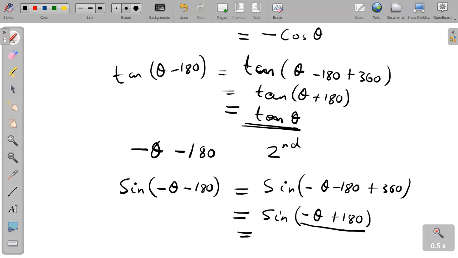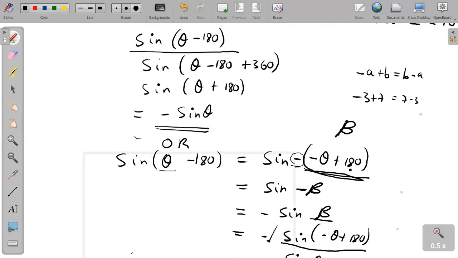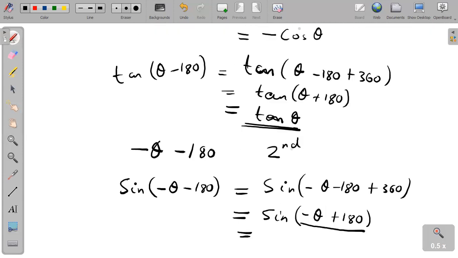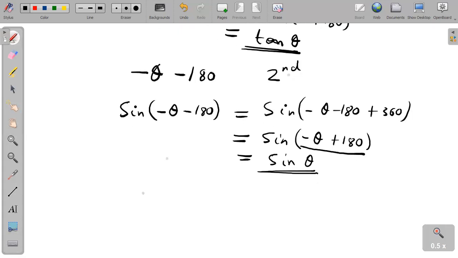Remember the idea that I was explaining, that minus a plus b is the same as b minus a. So obviously this is the same thing. It's going to give us sine theta. Why sine theta? Because in the second quadrant, sine is positive, right? So the rest, they can still be identified in the same way.